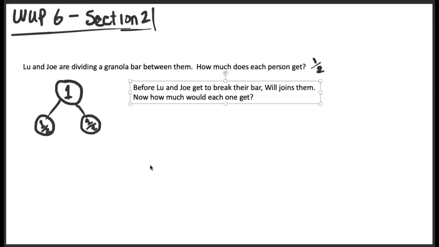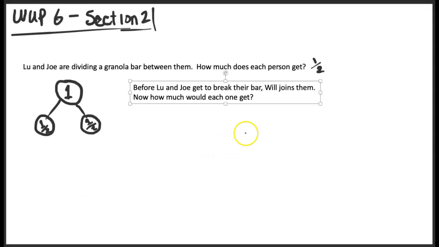Okay, so let's think about it. We started with 2, Lou and Joe, and it was going to be divided in half, right? Each would get half. Each would get one of the 2 equal parts that make the whole granola bar.